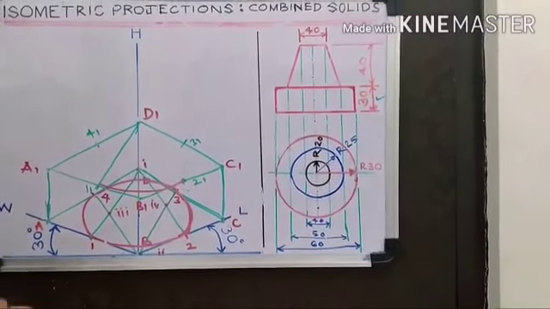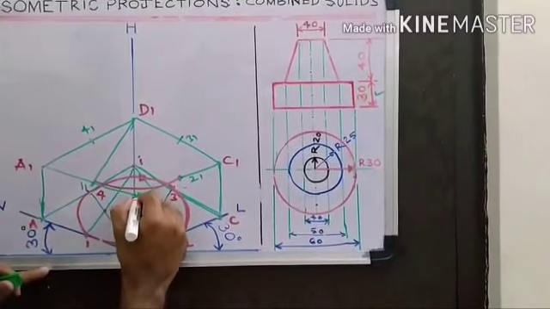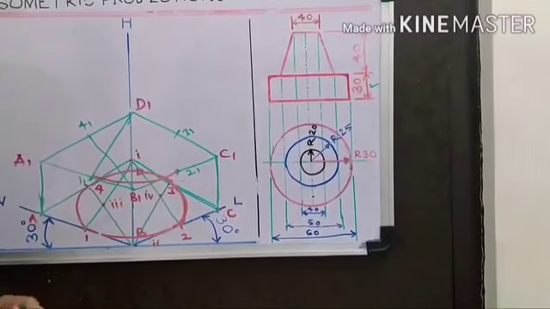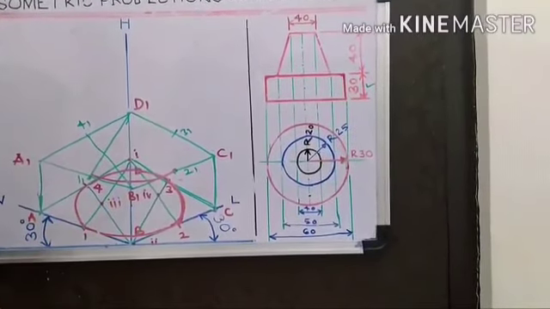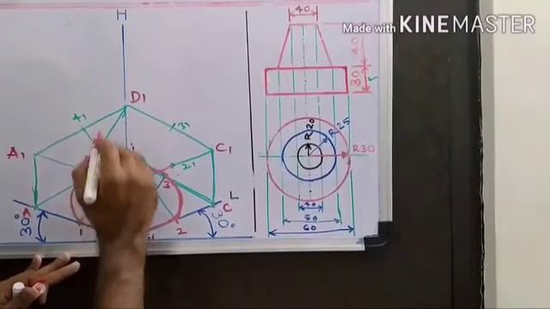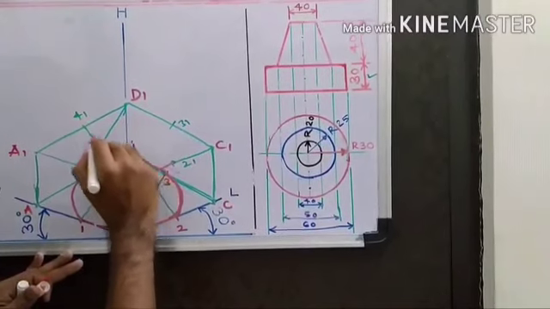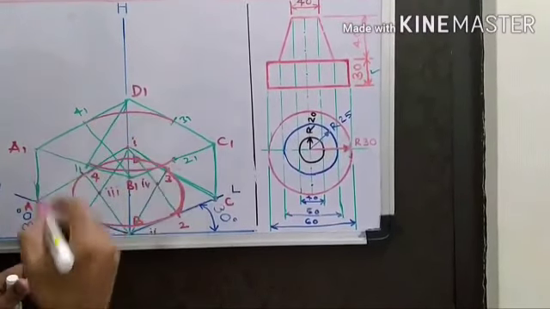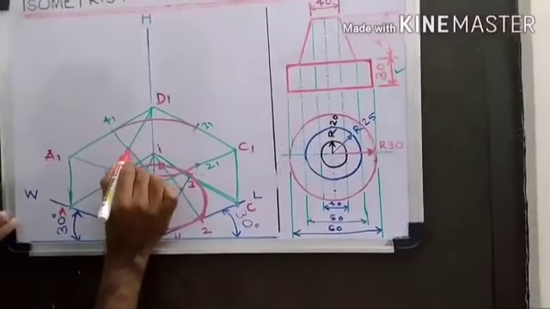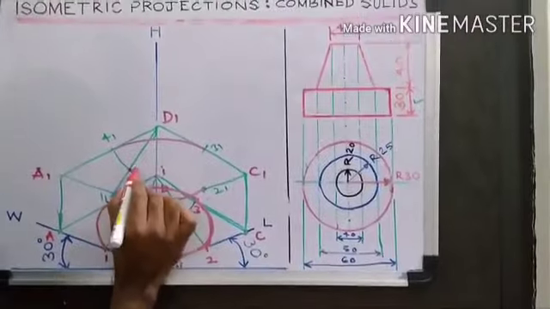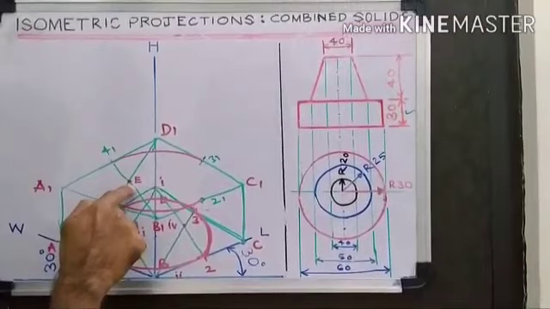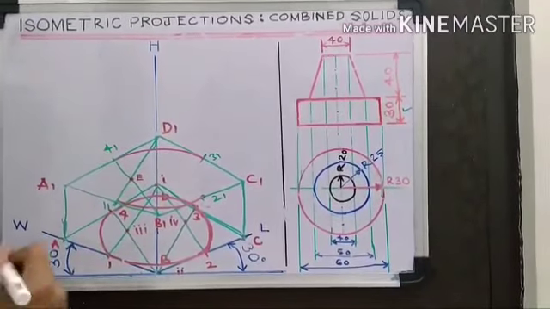Similarly, B1 to 4 suffix 1 is the radius, B1 is the center. Now by using a compass, draw an arc between the points 4 suffix 1 and 3 suffix 1. Then here another point I am assuming, this is going to be E. E is the center, E to 4 suffix 1 is the radius.